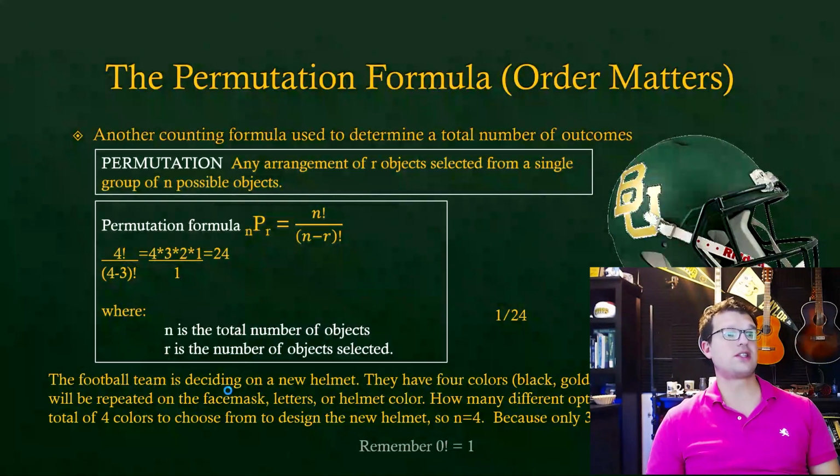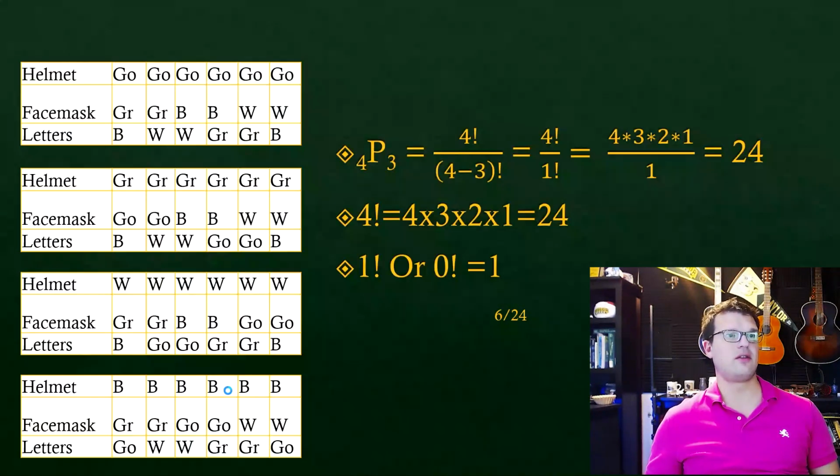Or if I were to say, what's the probability of us having a green helmet? Then with every other possible outcome, we would look at this and say, okay, there are 6 different permutations that include a green helmet, so it would be 6 divided by 24, because there's 6 possible outcomes where the helmet is green.